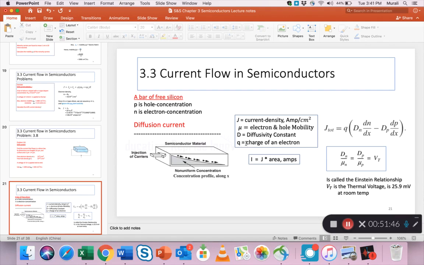And of course there's a Q here. So basically what happens is, because you're continuously pumping in some new electrons or some new holes, you're forcing some current through this bar, right? It's similar to having an external voltage source, but these are considered two different types of currents.